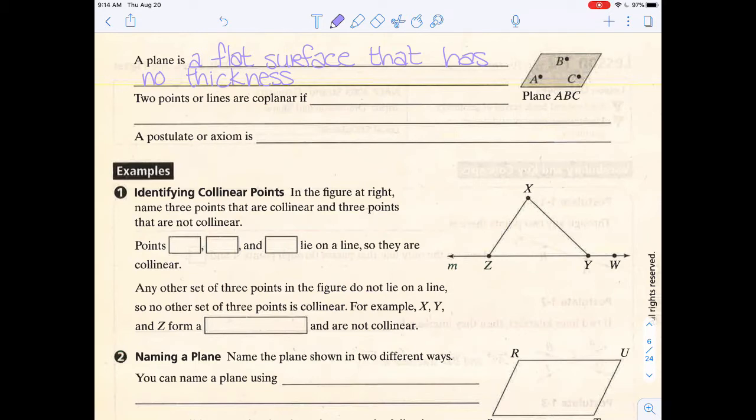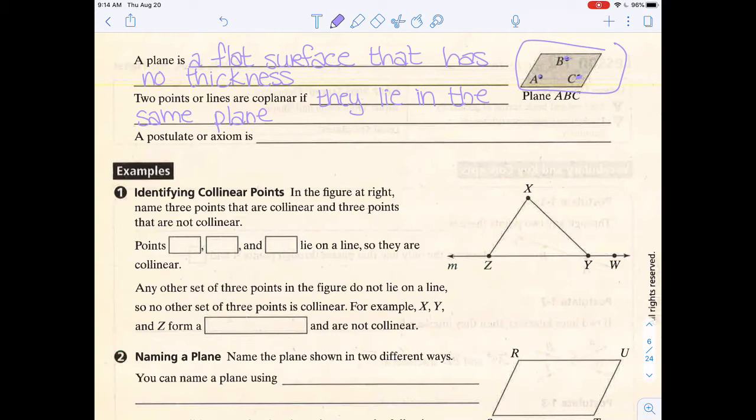2 points or lines are coplanar if they lie in the same plane. Just like collinear, coplanar is in the same plane. So if we look at the picture over here, points A, B, and C are coplanar because they're all in this plane.